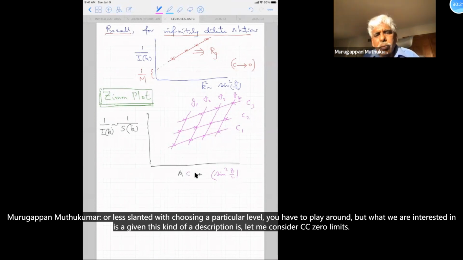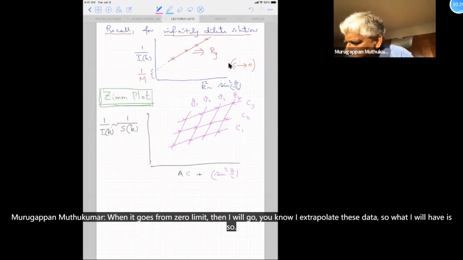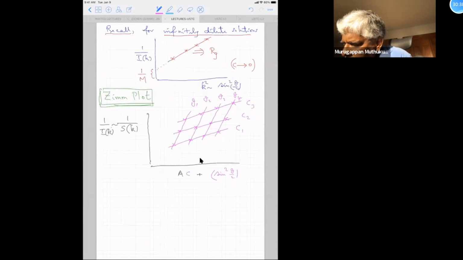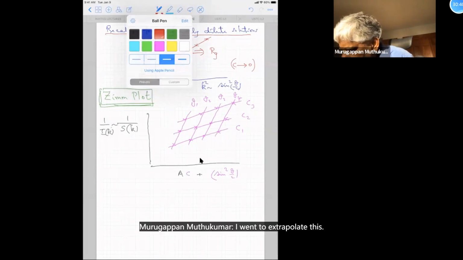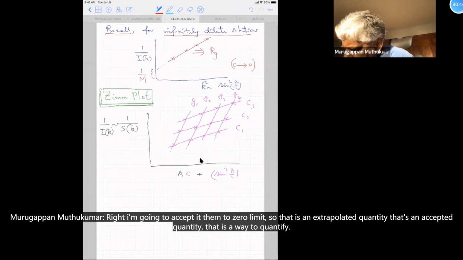Right? But what we are interested in, given this kind of description, is to consider the C equal to 0 limit. When you consider the 0 limit, I extrapolate these data. I'm going to extrapolate them to the 0 limit.